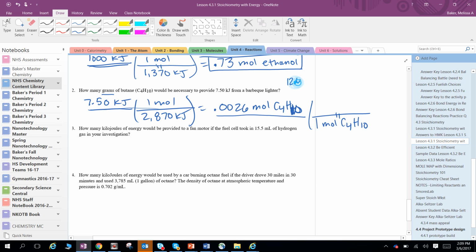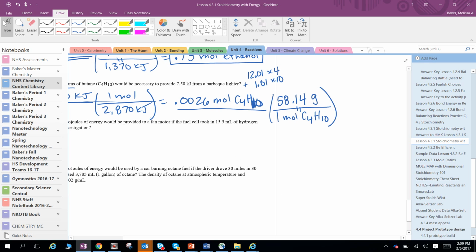Carbon has a molar mass of 12.01, and there are 4 carbons. Plus, hydrogen is 1.01, and there are 10. That adds to 58.14 grams. So that's how much 6.02 times 10 to the 23rd, or 1 mole, of C4H10 molecules weighs.